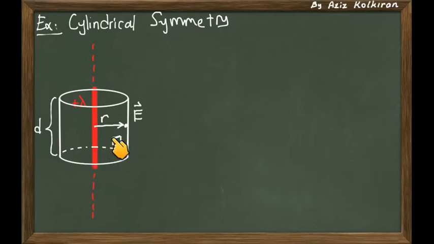For example, if you choose a small area right on the side surface of the cylinder, this area vector, of course, will be radially outward.